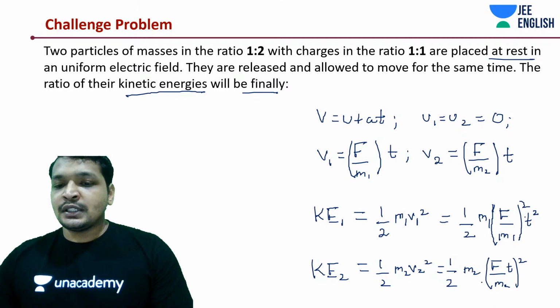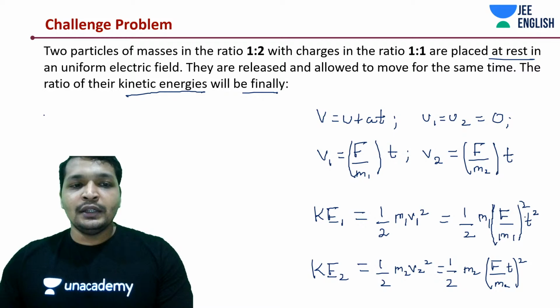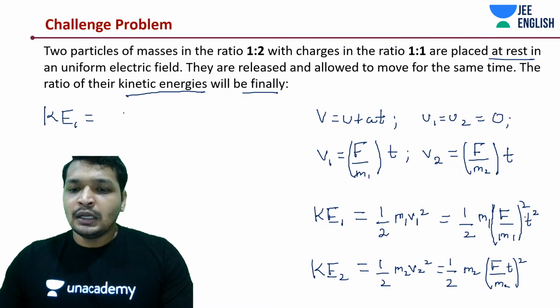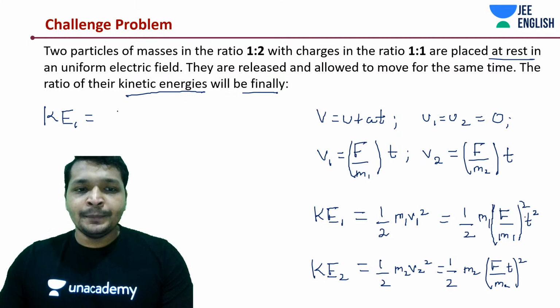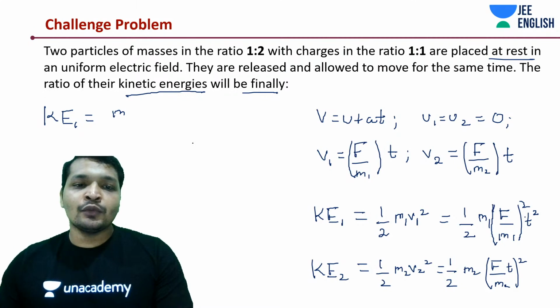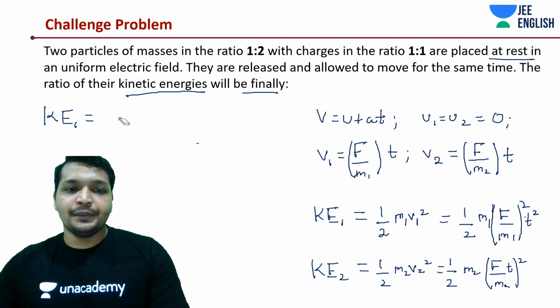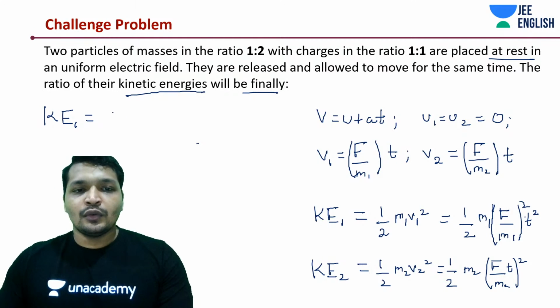Now take the ratio of them. If you noticed carefully, what is KE1? Sorry, m1 would not be on the numerator, so m1 would be on the denominator. KE1 is F square into t square divided by 2m1.